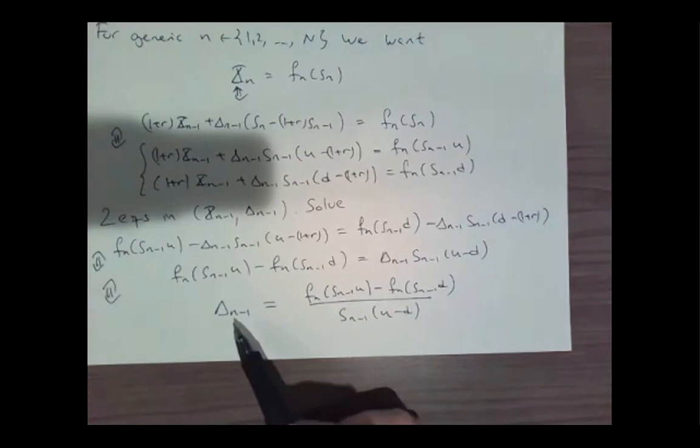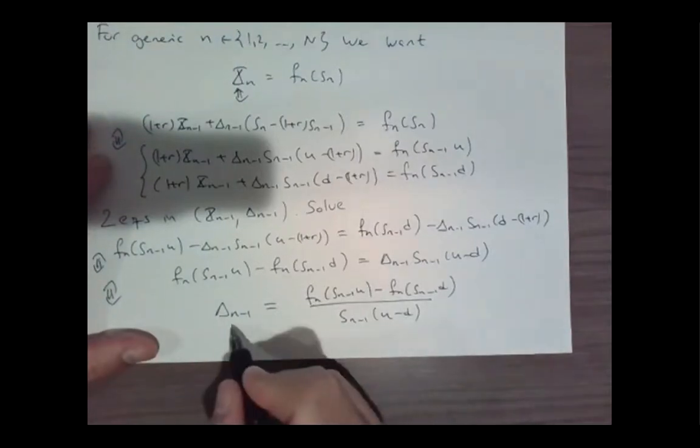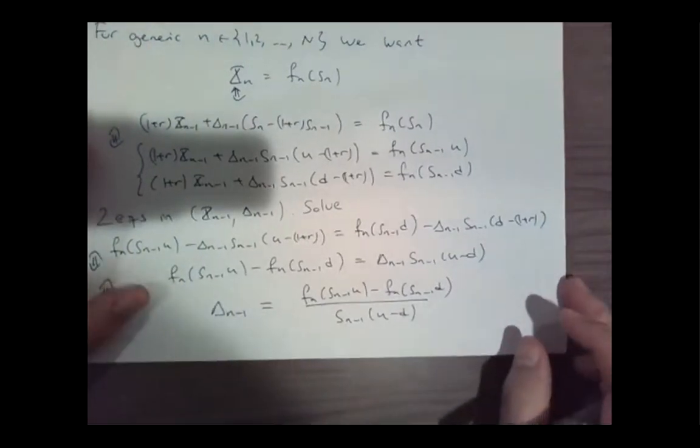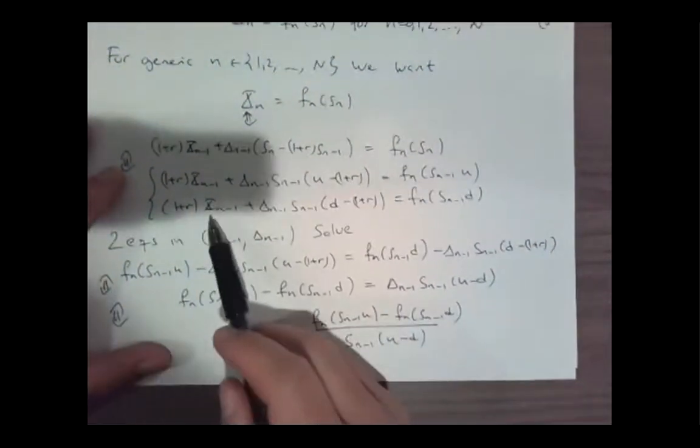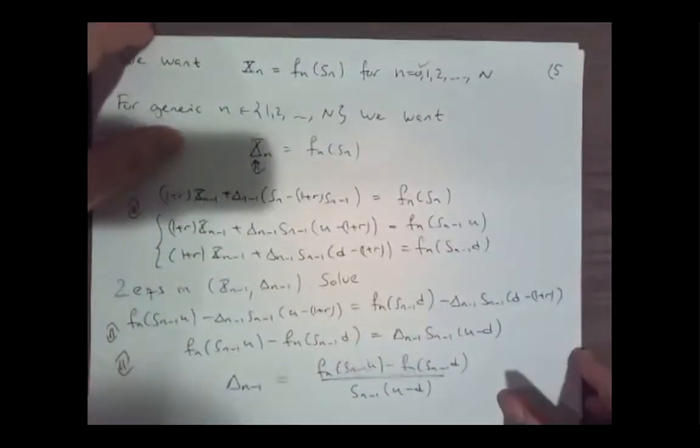And the delta at time n minus 1 involves the function f_n. So that gave us a formula for delta_{n-1}, but we also have an x here.